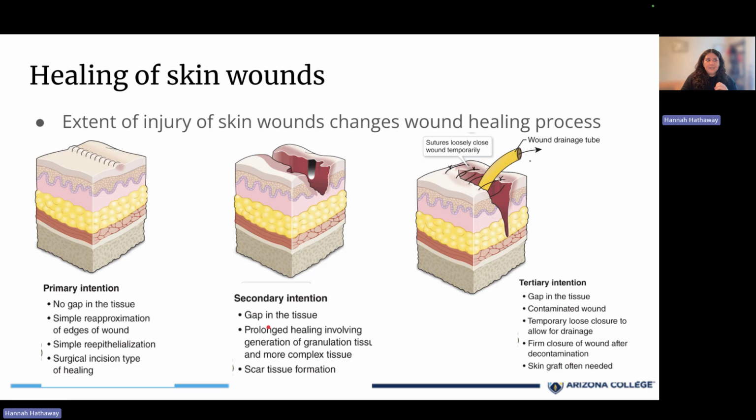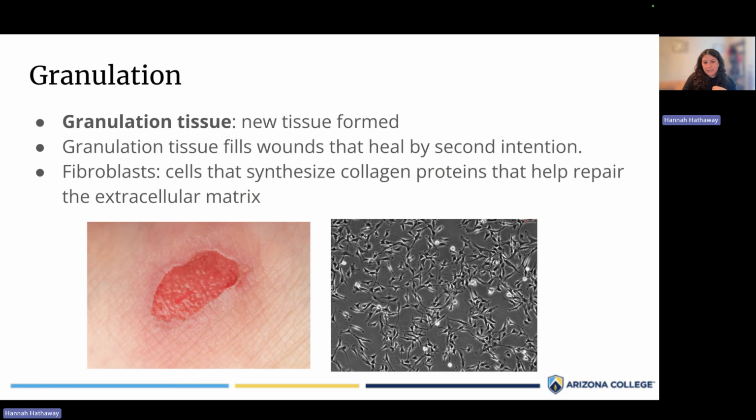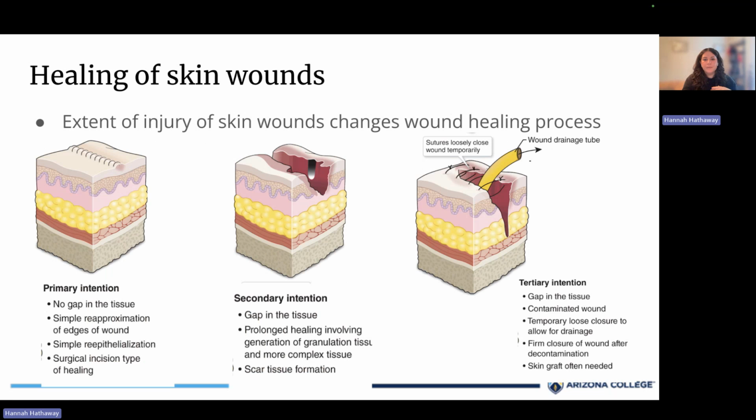The second sort of severity of a wound is a wound with secondary intention. In this case, there's a chunk of tissue that's missing. So this is like you fall and you skin your knee and there's a chunk of skin that has been ripped off. It's not clean, it's not tidy. Because of that, the healing process is going to involve a lot of formation of this granulation tissue, and it's going to take a long time to make that granulation tissue because you're really having to fill in that gap.